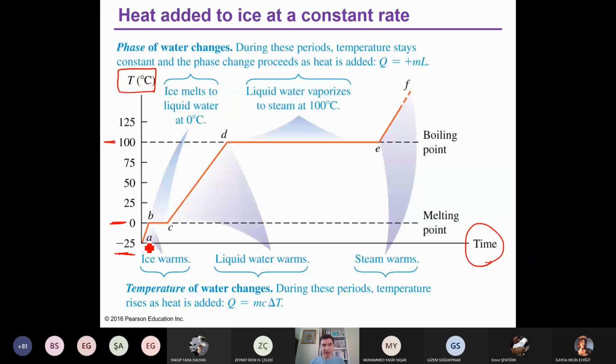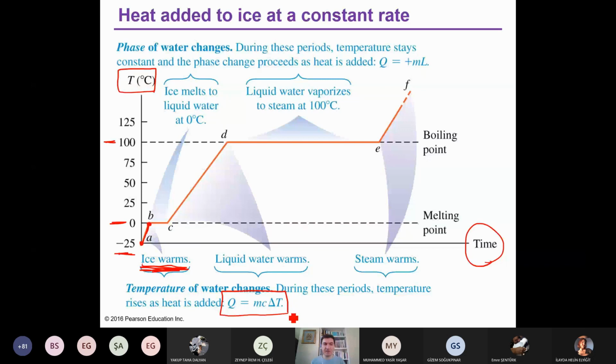Here, between A and B on the left side, we have ice, okay? And we add heat to the system, and the temperature of the ice increases, okay? Then ice warms, okay? There is no phase change here. We add this heat to the system, which is given with mc delta T. We change the temperature of the ice.